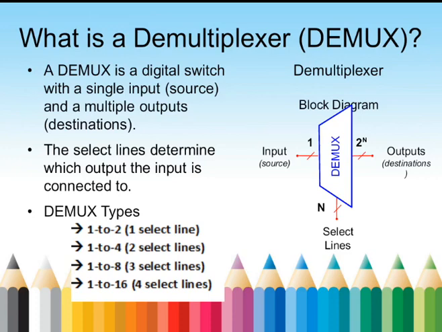It is also a digital switch that allows digital information from a single source to be routed onto several output lines. So the basic demultiplexer has a single data input line and several data output lines. The distribution to a particular output line can be controlled by a set of selection lines.